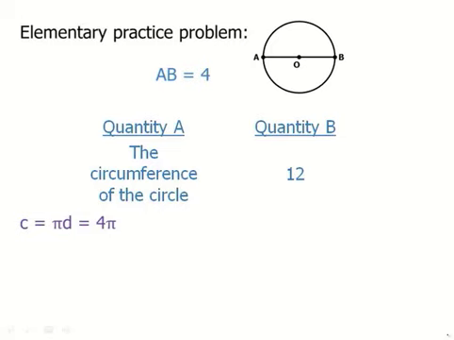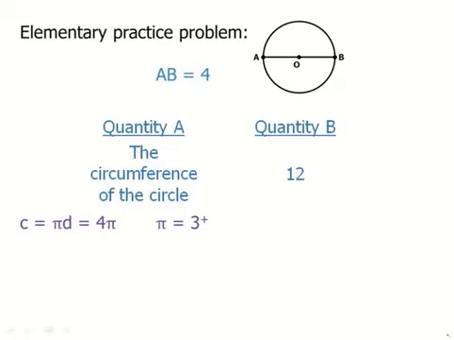Think about it this way. I'm just going to say, what is pi? How big is pi? Well, I'm going to write it this way. Pi is 3 with a little plus sign. And what I mean by that is pi is a number slightly bigger than 3. I don't even care how much. It's slightly bigger than 3. Now that I know this, what can I do with this?